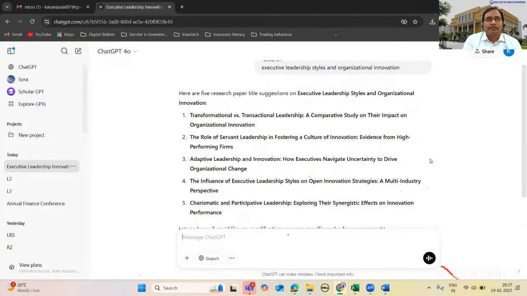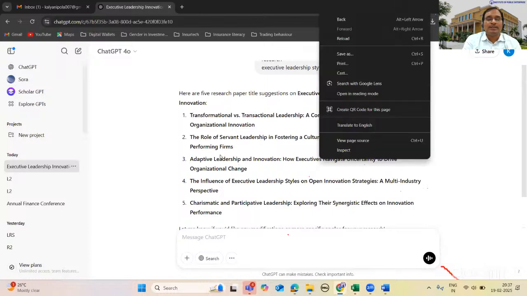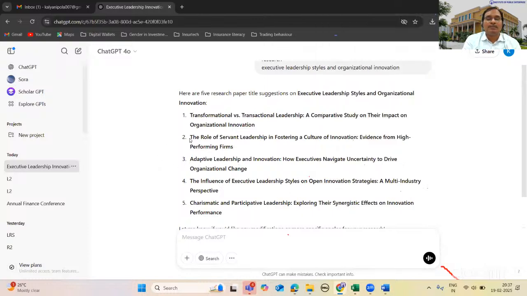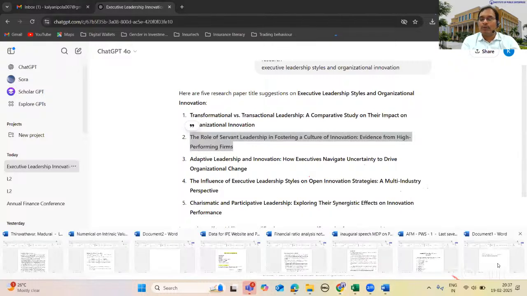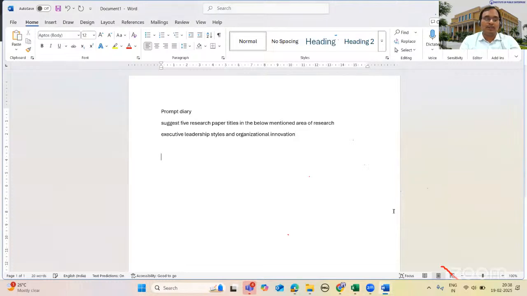Now, what I want to narrow down is, I want to work on the role of servant leadership in fostering organization, but I want to make a change in the context. Again, I go to my prompt library and copy this one here.